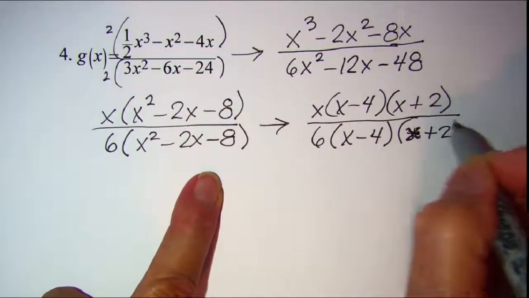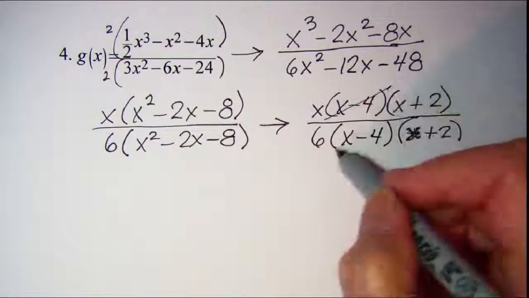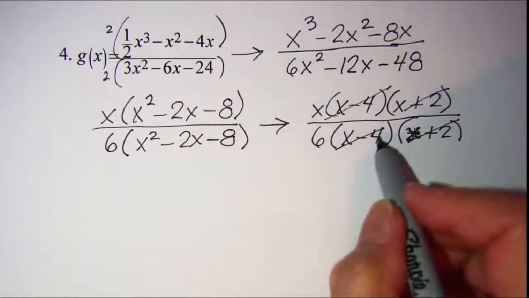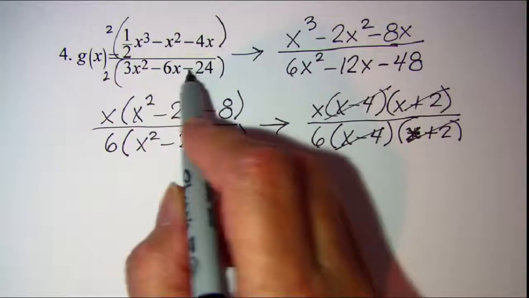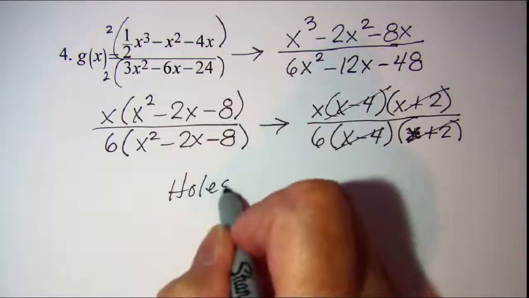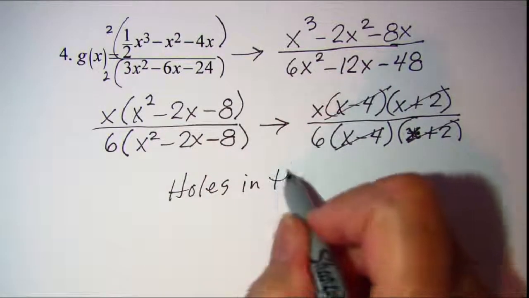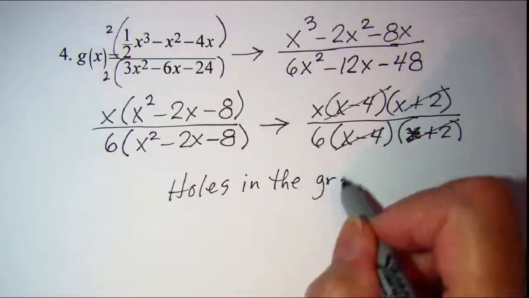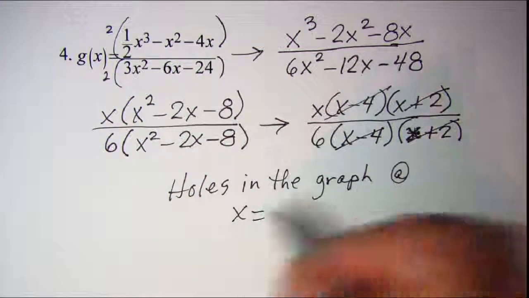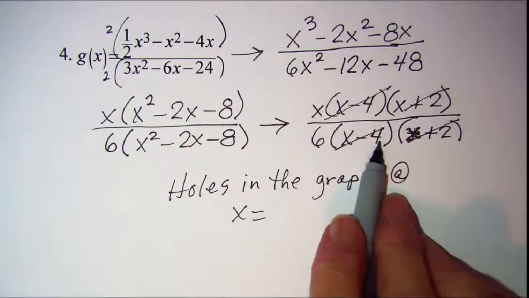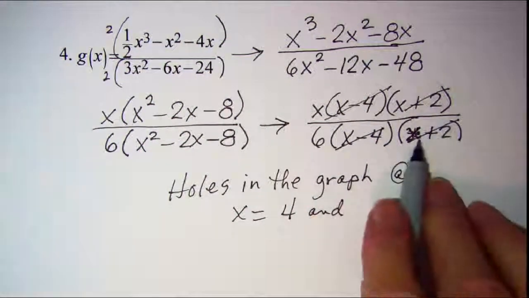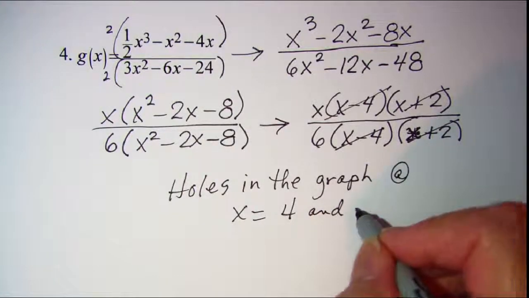All right, so these do cancel. But since they would initially cause problems in the original function, there will be holes in the graph. At x equal a positive 4 would cause a 0 here, and negative 2 would cause a 0.